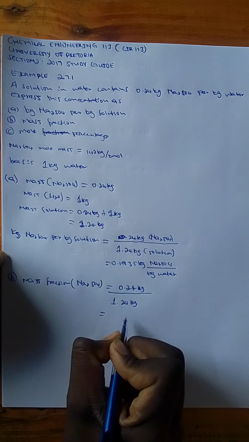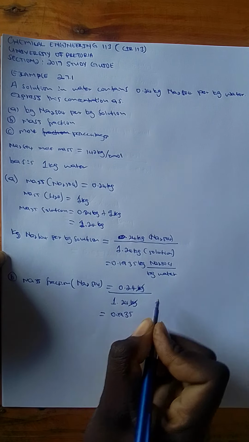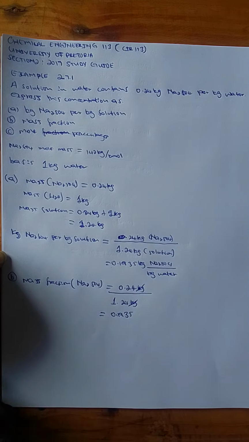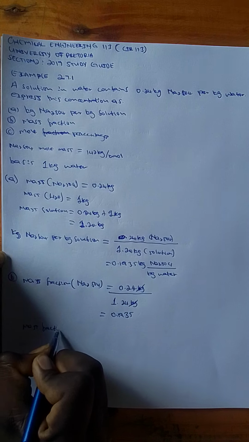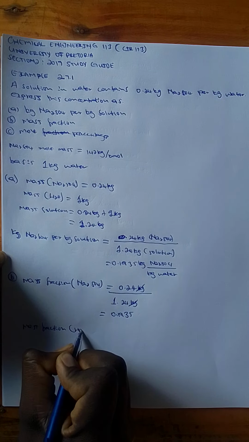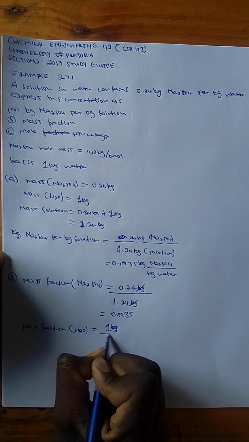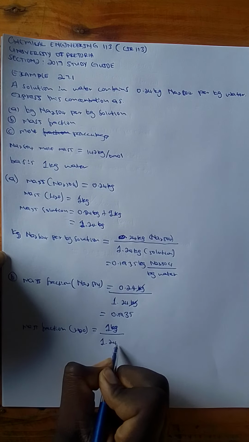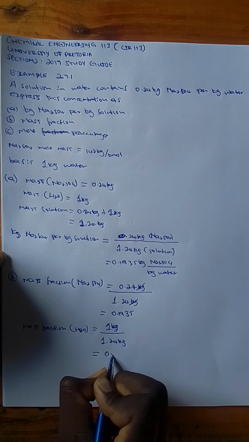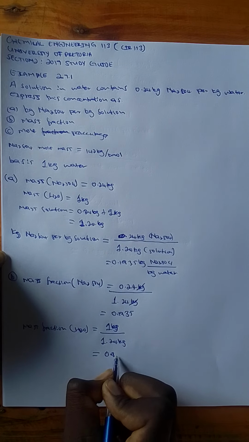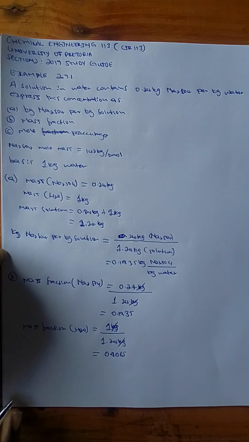That becomes 0.1935. The kilograms fall off, and now that is our mass fraction. Now the mass fraction of water equals 1 kilogram all over 1.24 kilograms, which then gives us 0.8065. Now the kilograms fall off, and those are our mass fractions.